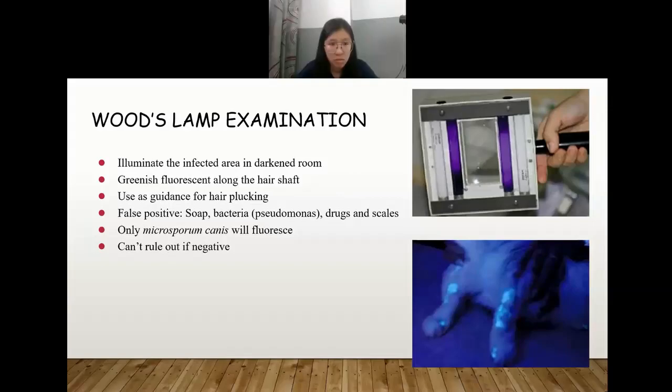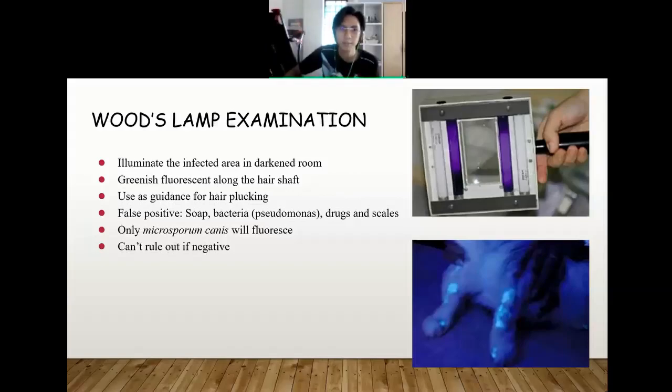Basically, Wood's lamp examination can also show false positives. If the animal is covered with soap or any bacteria or drugs, it can still show fluorescence. Wood's lamp examination can only detect Microsporum canis, and it cannot be ruled out if negative.